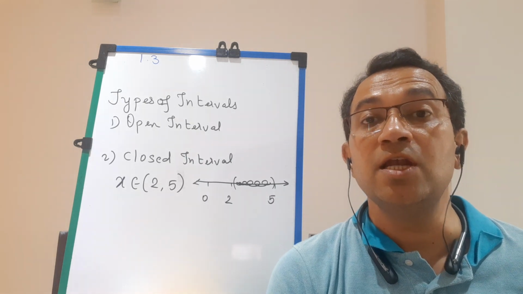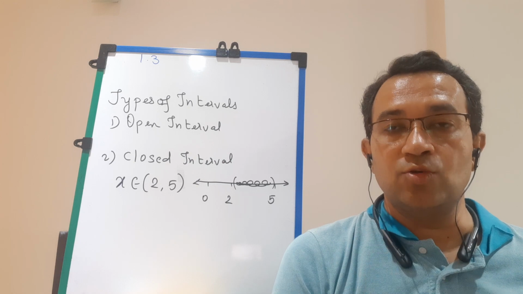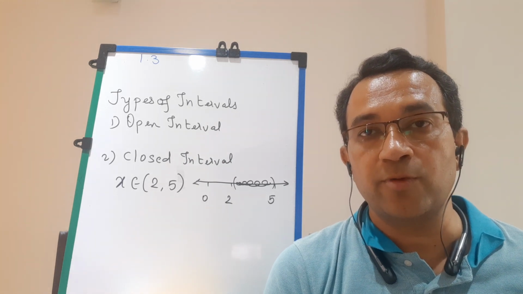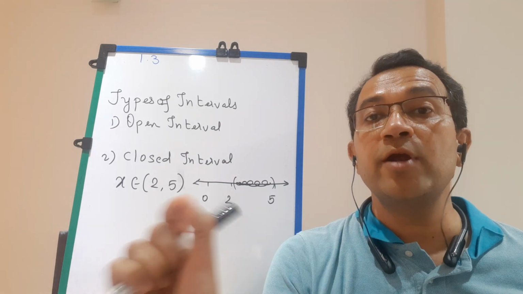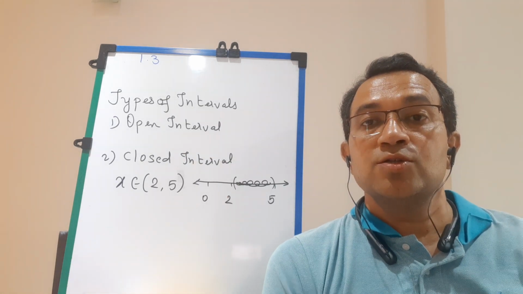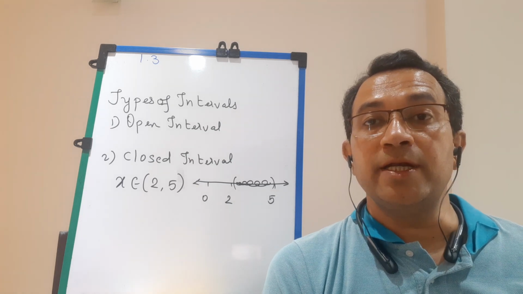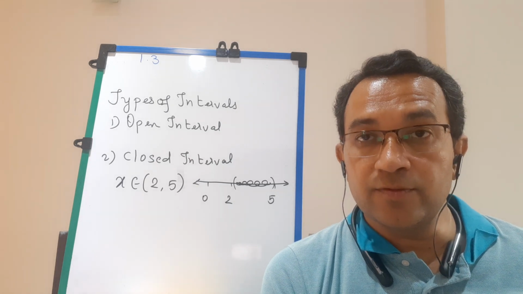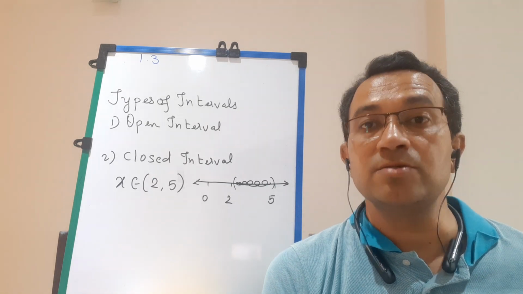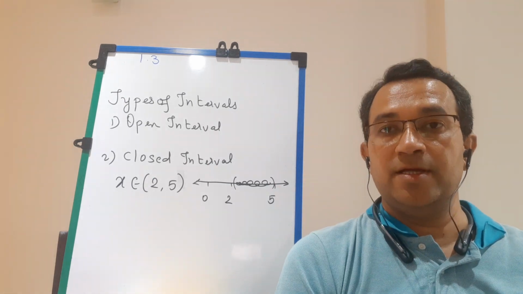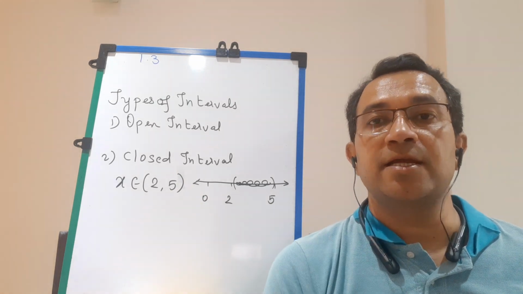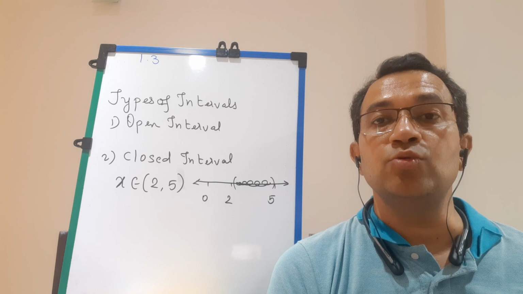It can be 2.1, 2.8, 3.6, 4.7, and 4.999 also, but not 5. So when I write x belongs to the open interval (2, 5), it means x can be any real number between 2 and 5, but not 2 and not 5.